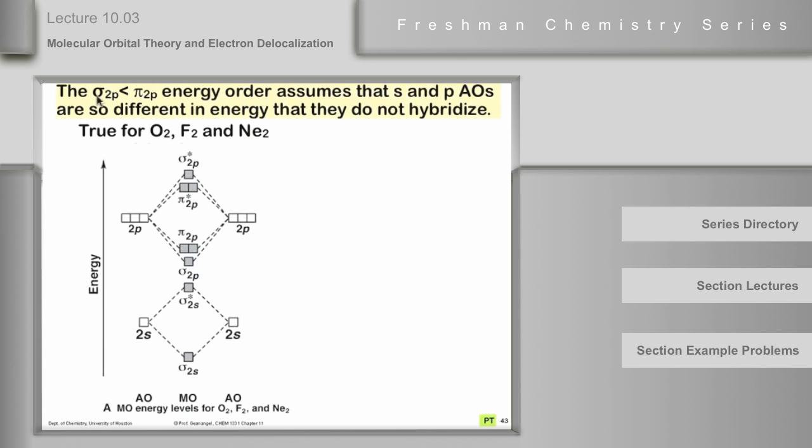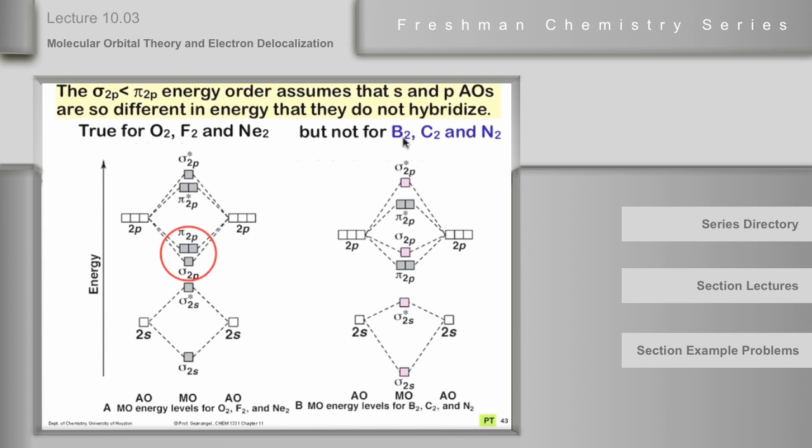So what I'm saying here is sigma 2p is below pi 2p as the overlap looks like it should be for dioxygen, difluorine, and dineon. So here's sigma 2p below pi 2p for those. And for the others, B2, C2, and N2, it turns out that pi 2p is below sigma 2p.